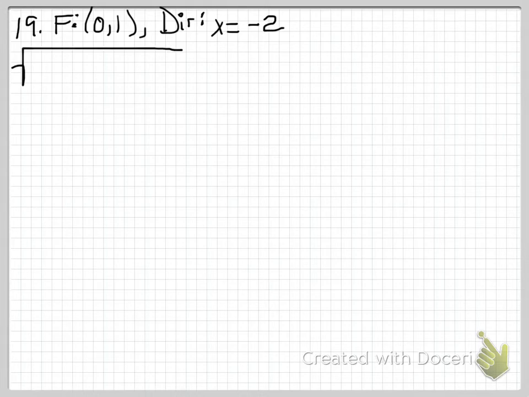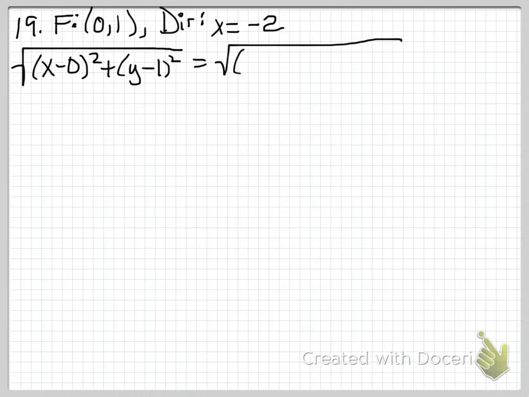Start out, square root, and I'm going to have x minus x1, which is 0, squared, plus y minus 1 squared, which is y1, is equal to the square root of x minus -2 squared, tick, tick, remember?